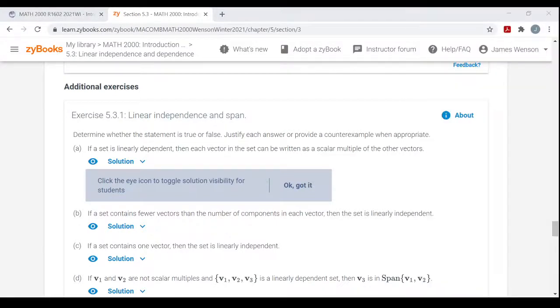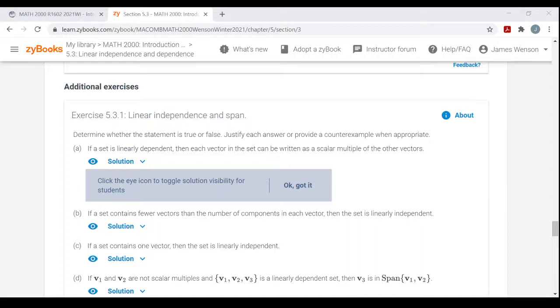So that's it for this concept of linear independence, linear dependence. It's very easy to check, especially with your calculators. Just make a matrix with those vectors as columns. Put it into echelon form or reduced row echelon form. And then, if all the columns are pivot columns, then the vectors are independent.